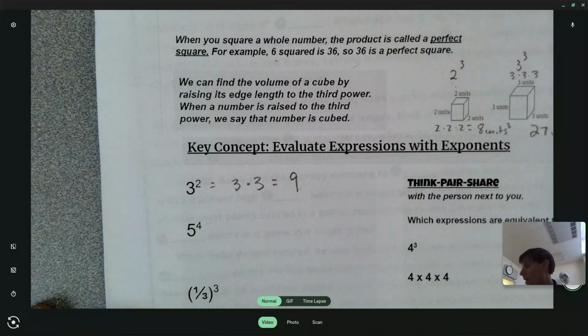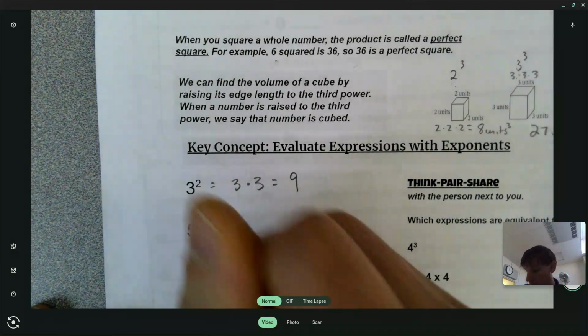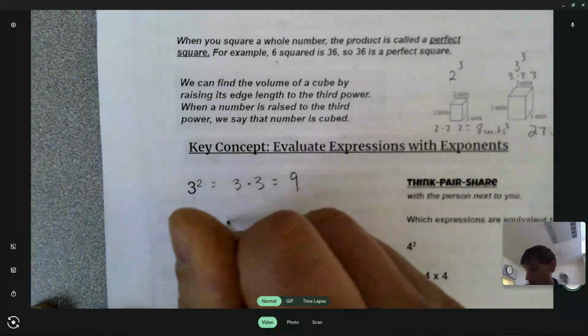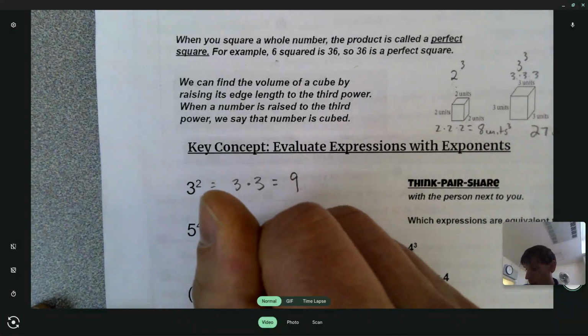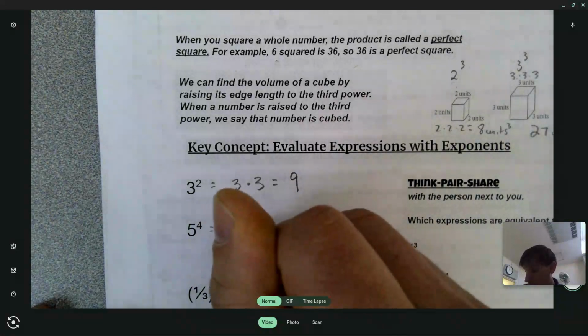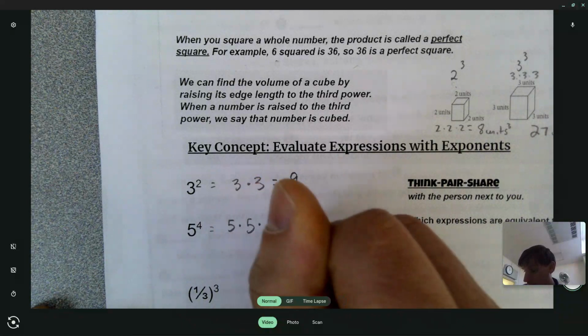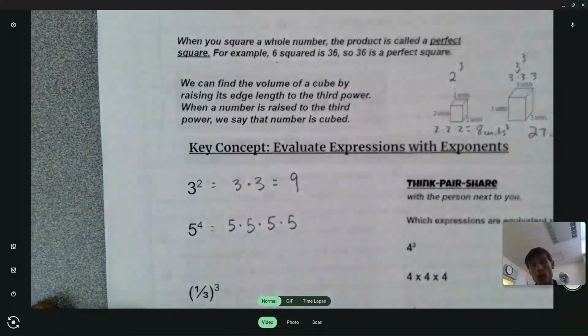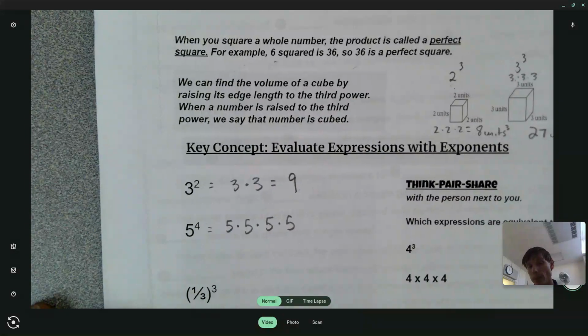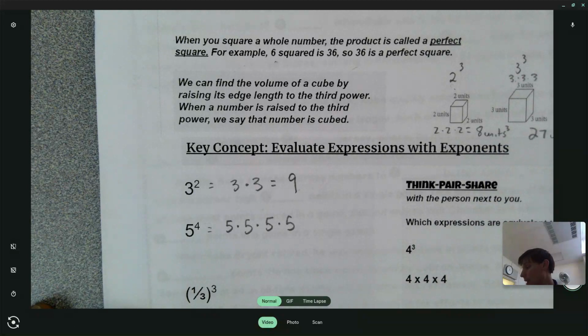Our next one, 5 to the fourth power. As we know, that means, follow along here, 5 times 5 times 5 times 5. You should all write that out. That is 5 to the fourth power as we read it.